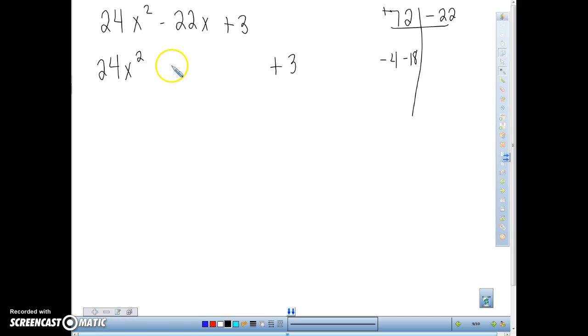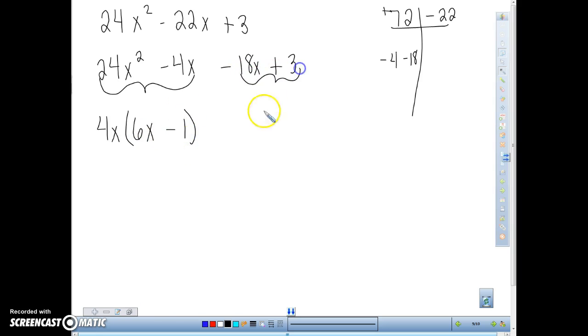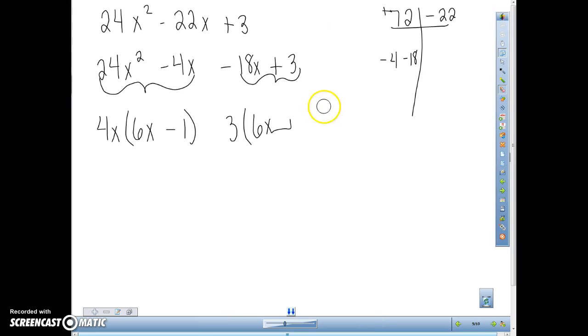Now I'm going to put the 4 with the 24, so -4x and -18x. So what's in common here is 4x, so I pull that out and I get 6x minus 1. What's in common here is going to be a 3, so when I pull that out, I get 6x plus 1.